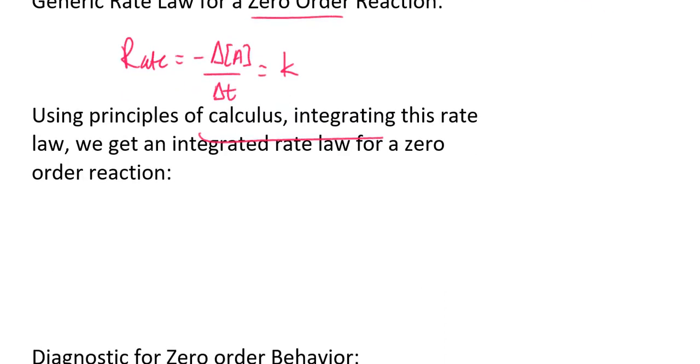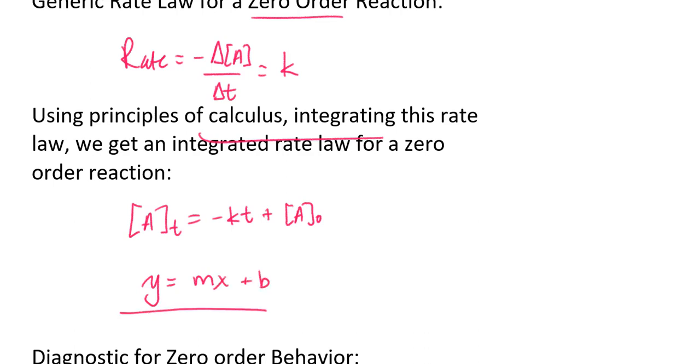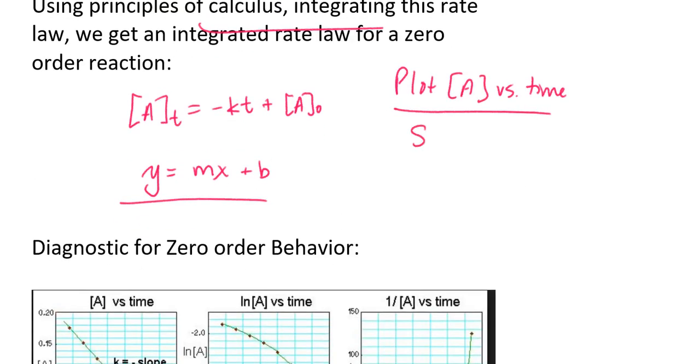If I go ahead and rearrange and do the calculus, basically what you're going to get this time is actually a somewhat simpler equation. I'm going to get the concentration of reactant A at time t that's equal to negative kt plus the initial concentration. Where again, if I do this comparison to the equation for a straight line, that means if I have zero order reaction behavior, if I plot the concentration this time against the time itself, then I'm going to get a straight line.